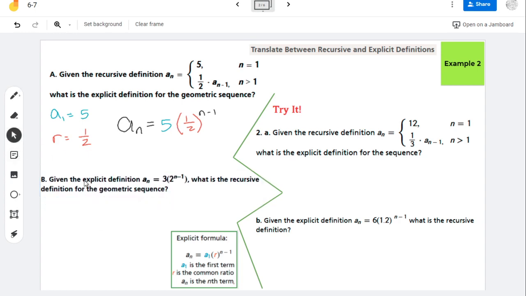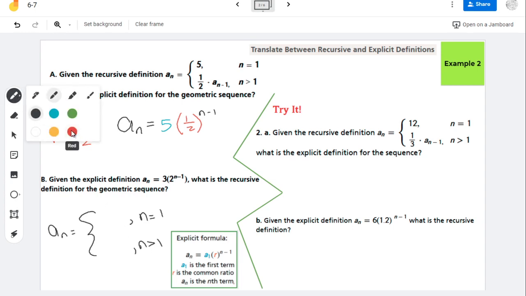So that's easy enough. Now we're going to go backwards and write the recursive definition. Remember, for the recursive definition, you're going to write a piecewise function with some expression when n equals 1 and another expression when n is greater than 1. When n equals 1, that's our first term, or our initial value.